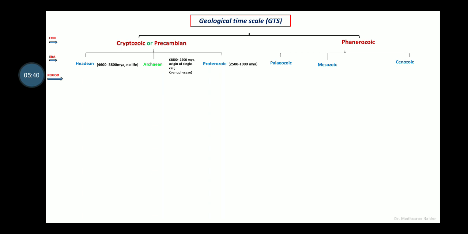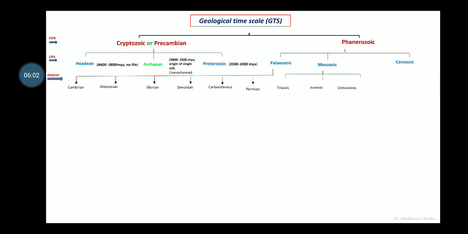And under each era, there are several periods. In Paleozoic era, there are 6 different periods, namely Cambrian, Ordovician, Silurian, Devonian, Carboniferous, and Permian.